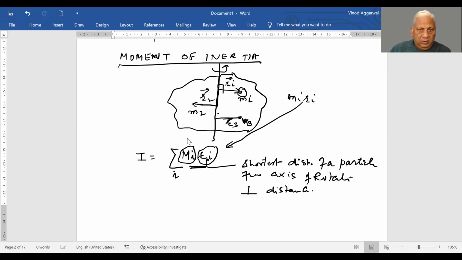So if most of the mass lies on the periphery, the moment of inertia will be more. If most of the particles are lying close to the axis of rotation, its moment of inertia will be less.